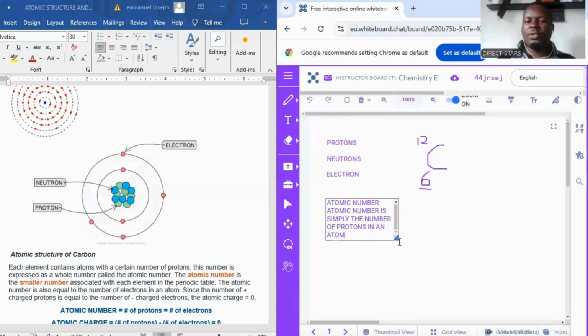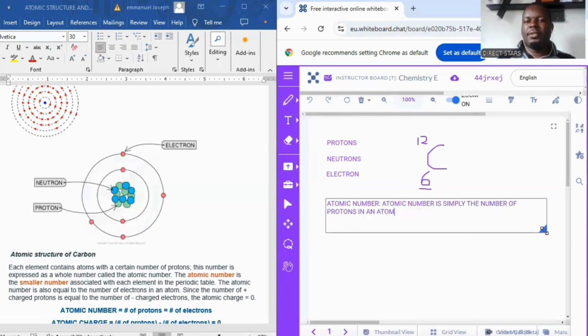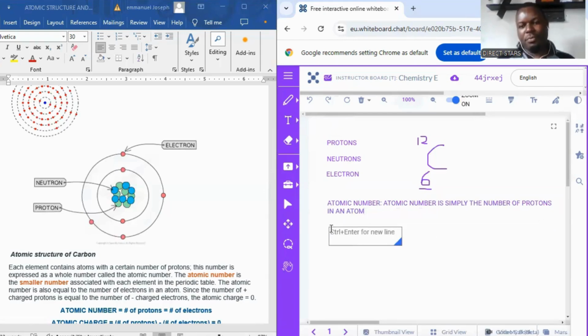Okay, that is what atomic number is, the number of protons in an atom. So a good example is the carbon we have up here has atomic number of 6, hence it has 6 protons. Okay, it has 6 protons.